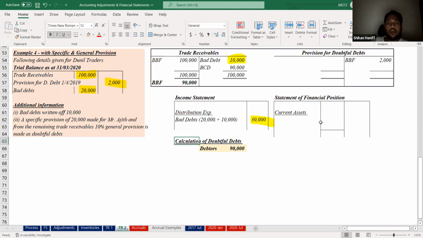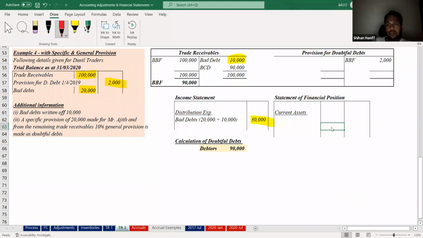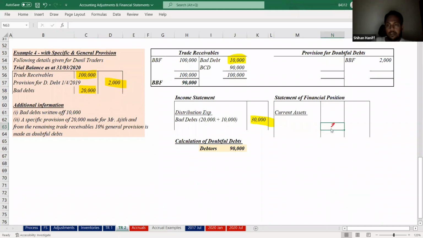Can you all tell me how much you got for the provision for doubtful debt? This amount. What was this amount? What is this amount?